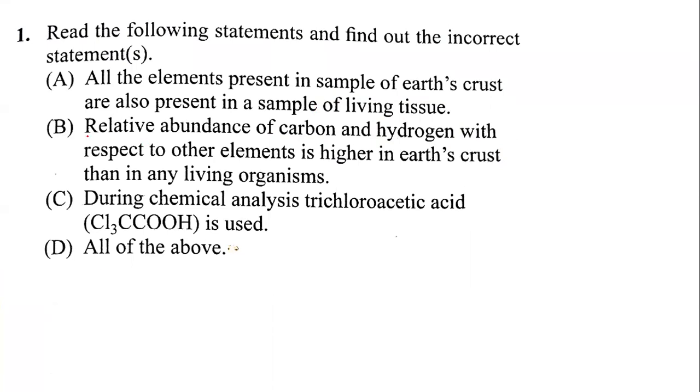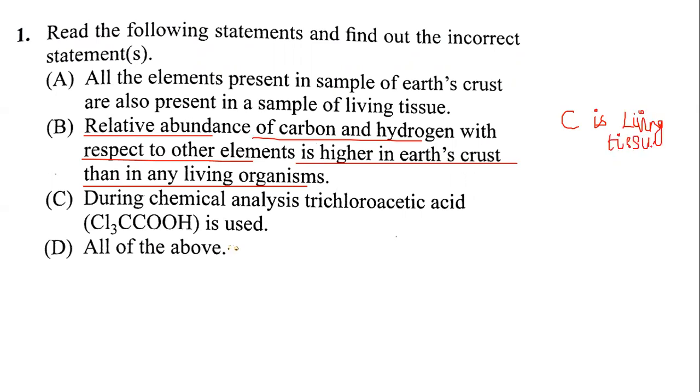It is a direct statement given in the NCERT. Relative abundance of carbon and hydrogen with respect to other elements is higher in the earth's crust than in the living organism. You know that the abundance of carbon is more in the living tissues than in the earth crust. But the other part of the statement is correct, that is, the concentration of hydrogen is more in the earth's crust itself.